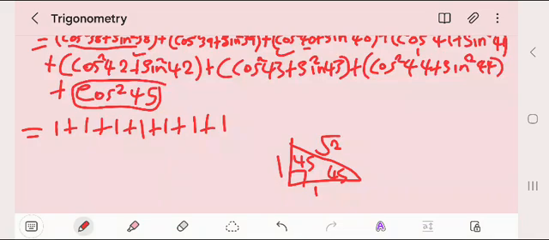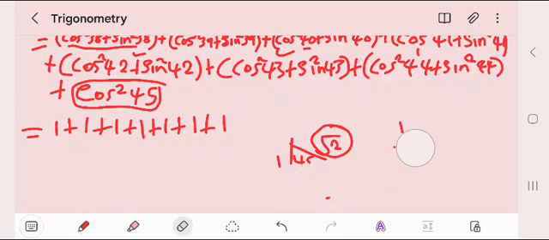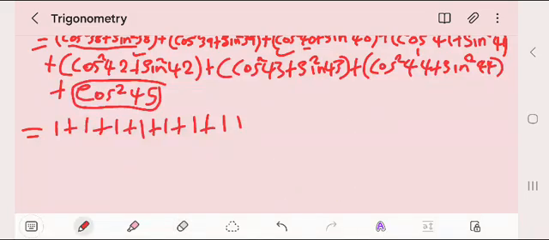So this is adjacent over hypotenuse. It's 1 over root 2, right? Yeah. So we can use that. 1 over root 2 will be plus 1 over root 2. But remember, there is a square there. You square that thing there.